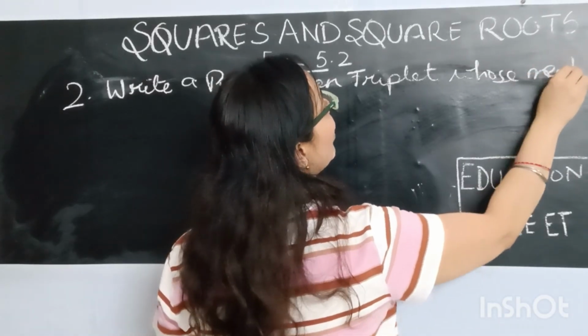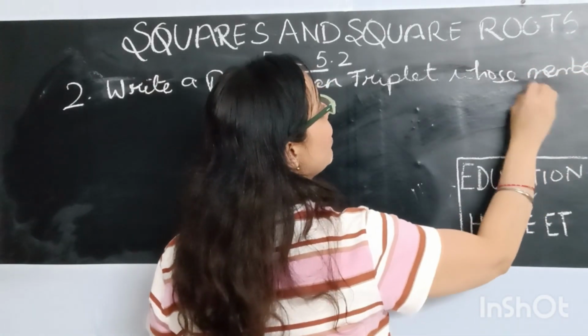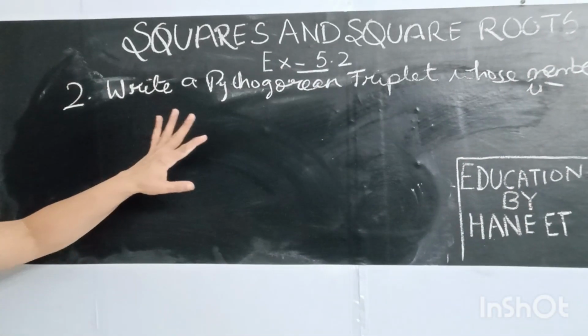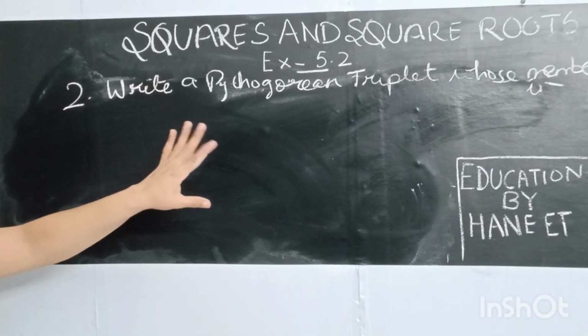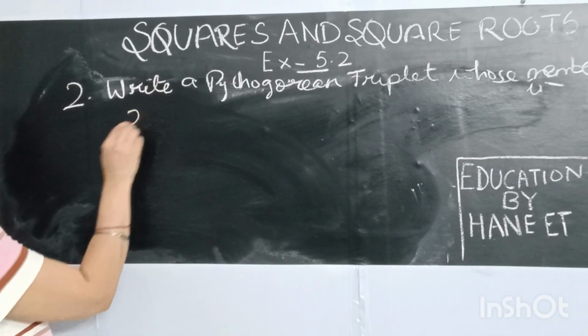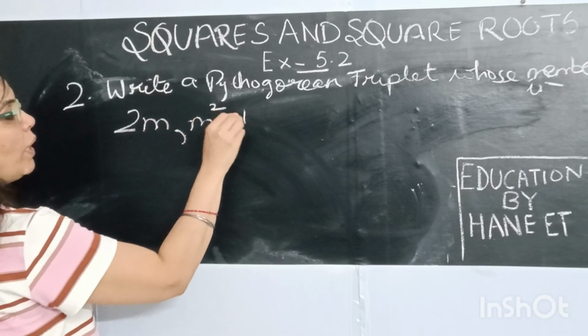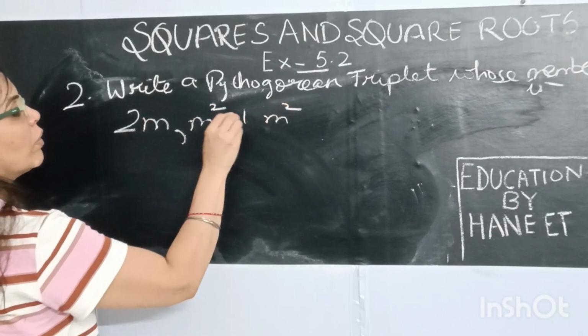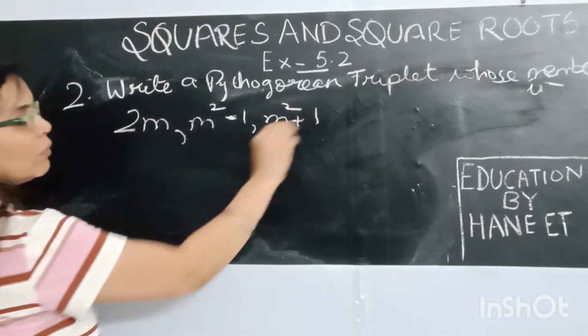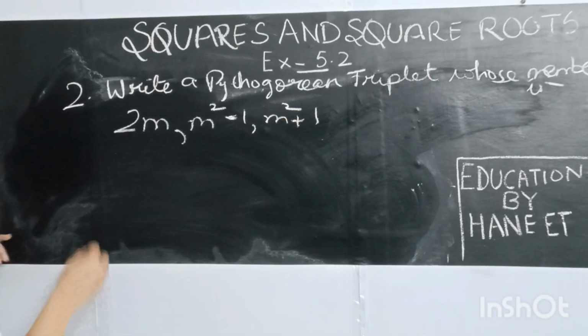So we have to find the rest of the members. Now before starting with this question, let us know what the Pythagorean triplets are, okay. So the three Pythagorean triplets will be 2m, then m square minus 1 and then m square plus 1, right.